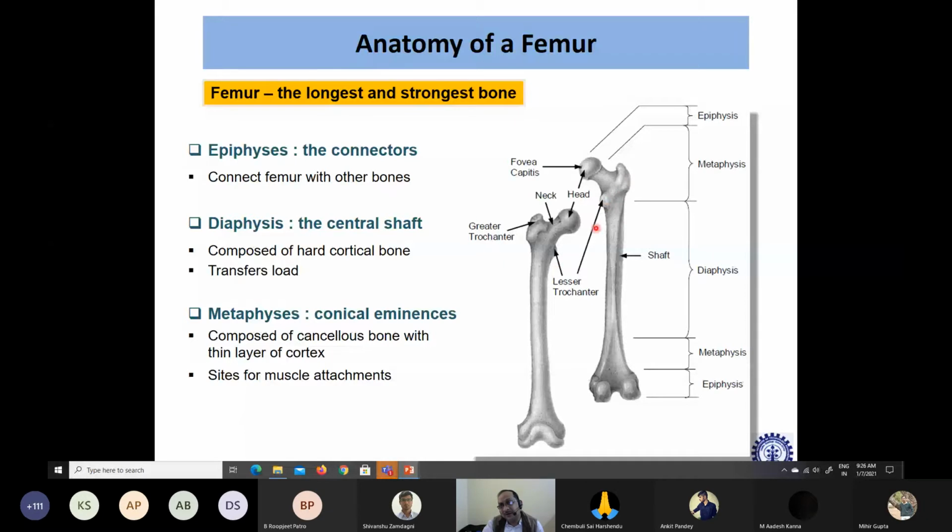This is, in a sense, how the structure of the femur is defined, along with the gross functions of the different parts. We can say that the head, neck, greater trochanter and lesser trochanter form the proximal part of the femur, whereas the distal part forms the knee joint with the femoral condyles.